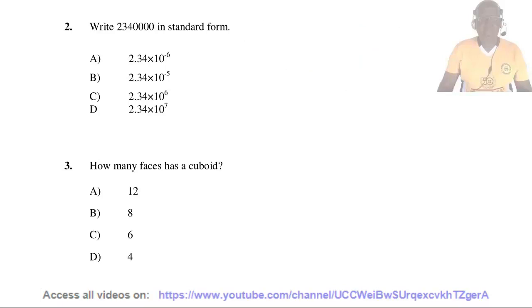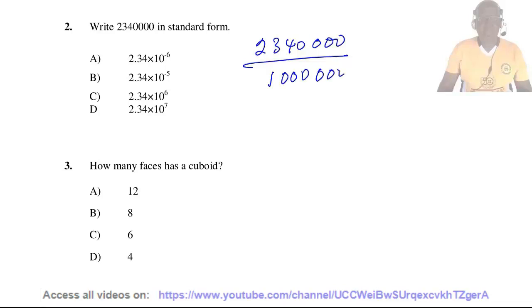That is 2,340,000 divided by 1 with 6 zeros. Since we divided by 1 with 6 zeros, we shall multiply by 1 with 6 zeros.